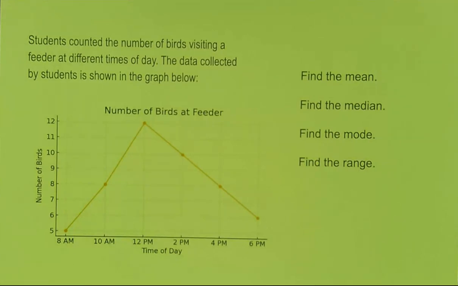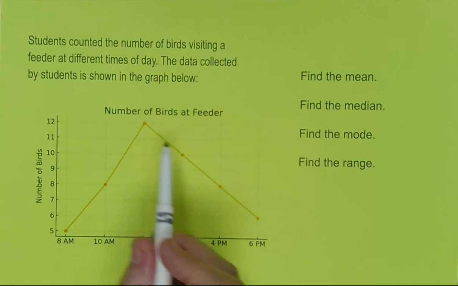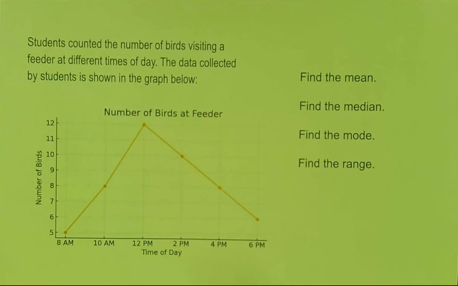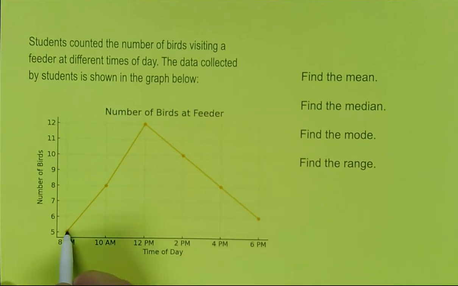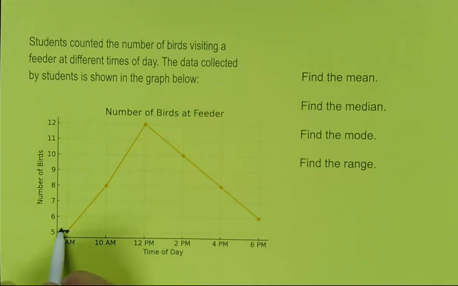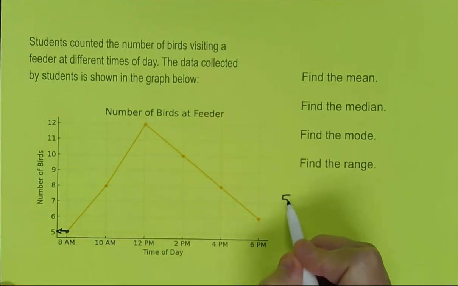Students counted the number of birds visiting a feeder at different times of day. The data collected is shown in the graph below. This is a line graph. Line graphs are very useful when you show passage of time. We have different readings when the students went out and counted the birds. At 8 a.m., we see there were 5 birds.